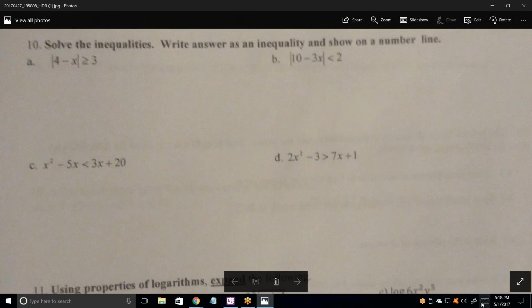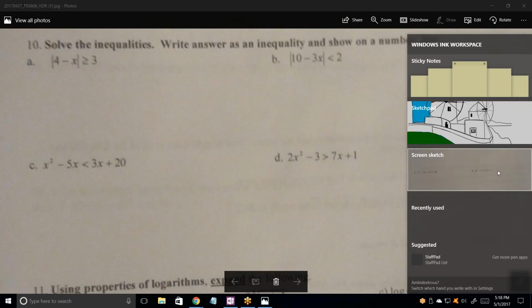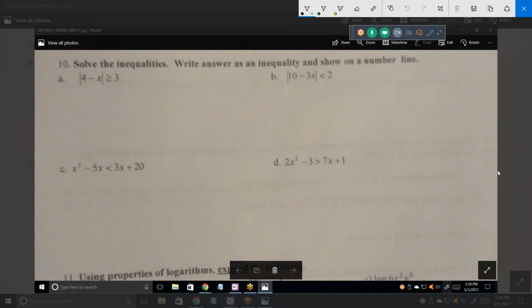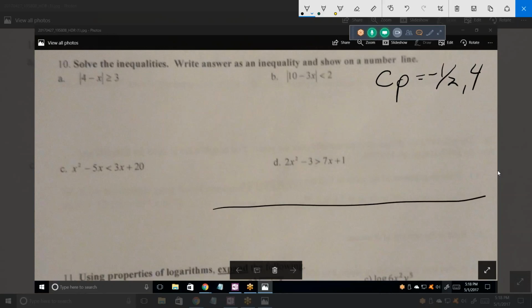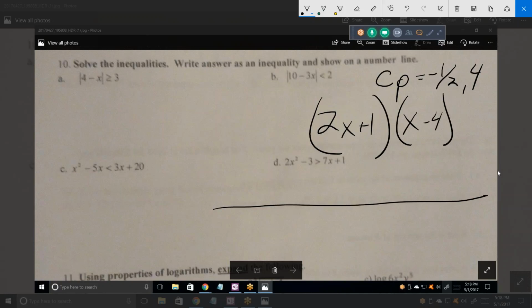Alright, so let's see. Where were we? We were at the critical points being negative 1/2 and 4, which meant that we had (2x + 1)(x - 4) greater than 0.